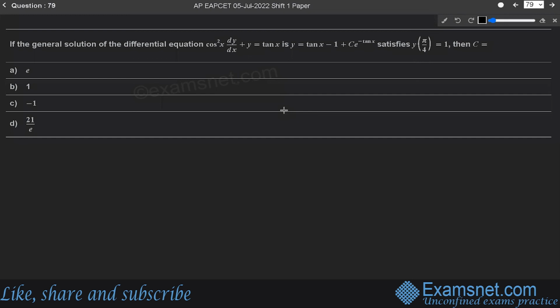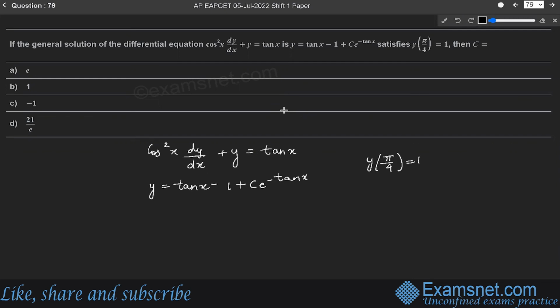Next question is, if the general solution of the differential equation cos square x dy by dx plus y is equal to tan x is y is equal to tan x minus 1 plus c into e power minus tan x, satisfy y of pi by 4 is equal to 1.